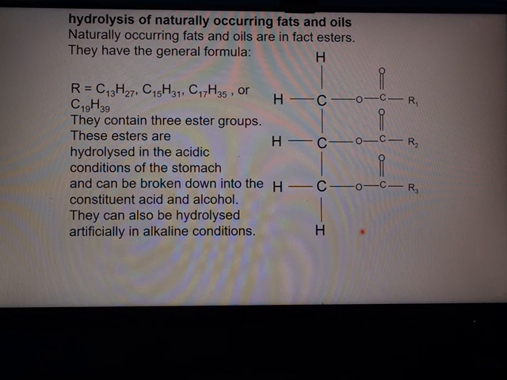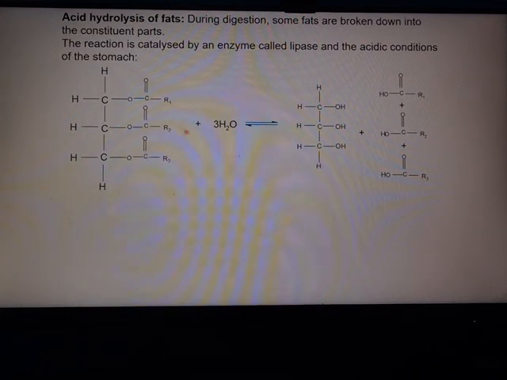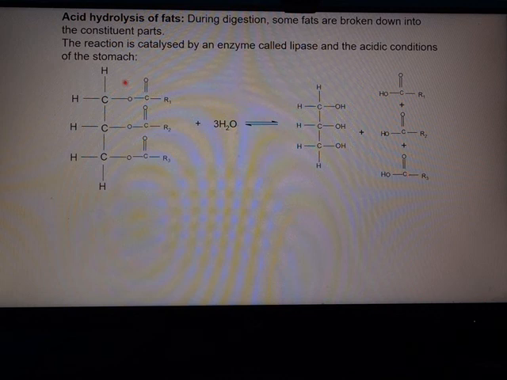I think the next slide will show you exactly. So if you hydrolyze it, you're going to split it with water. There you get your carboxylic acids, these here, and then you're left with your propane-1,2,3-triol.